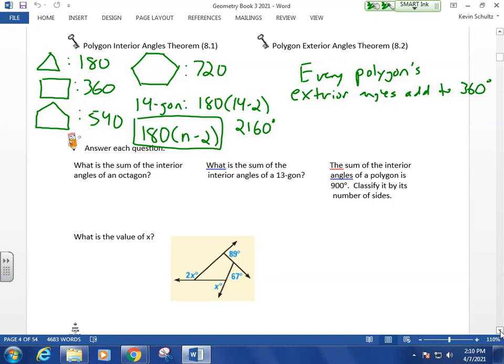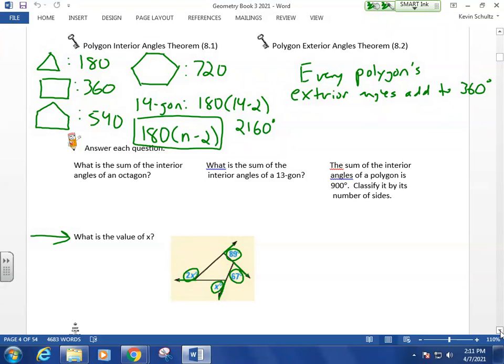Now, what we mean by exterior angles, here's an example. The exterior angles of a polygon can be formed by extending each side, right? Each side here has been extended, and the four angles that are created from that would be the exterior angles of that polygon.